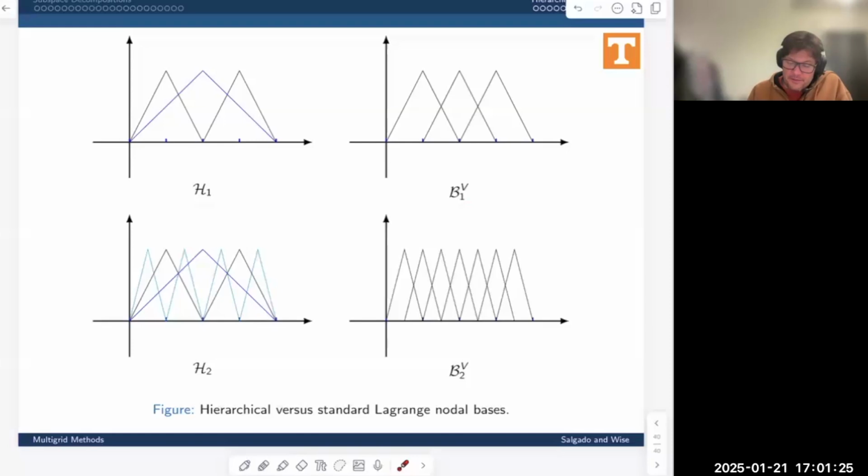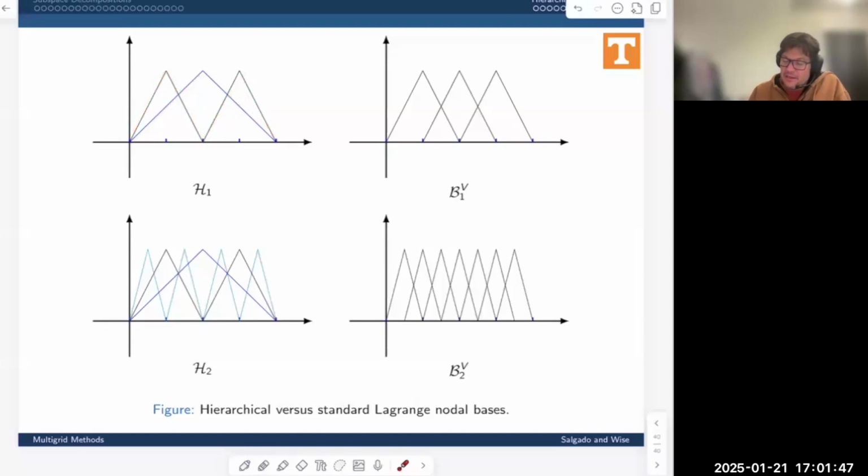Here's the basis element for V0. For the hierarchical basis, I don't use this basis for the next one. I'm just going to keep this basis element from the 0 space, and I'm just going to add in these two new ones for the 1 space.